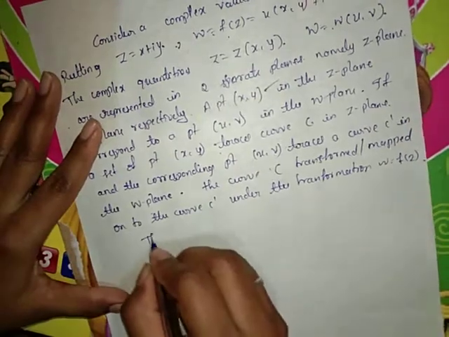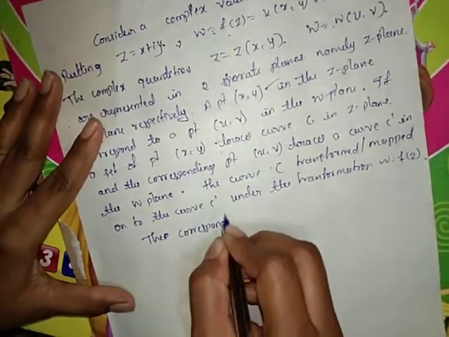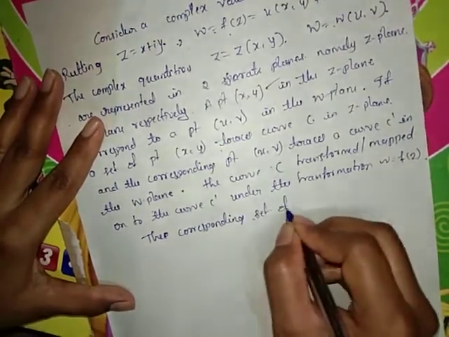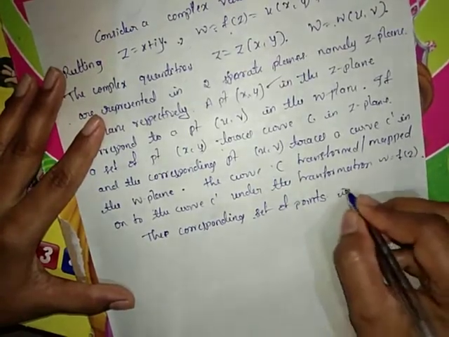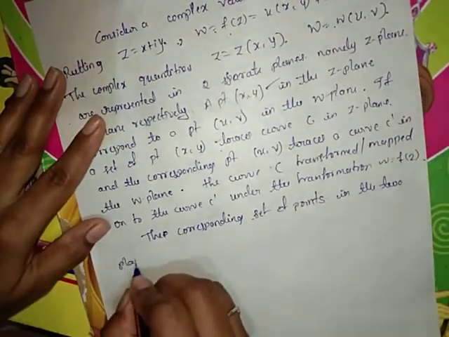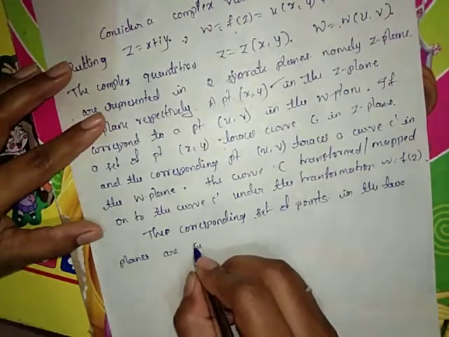The corresponding sets of points in the two planes are called images of each other.